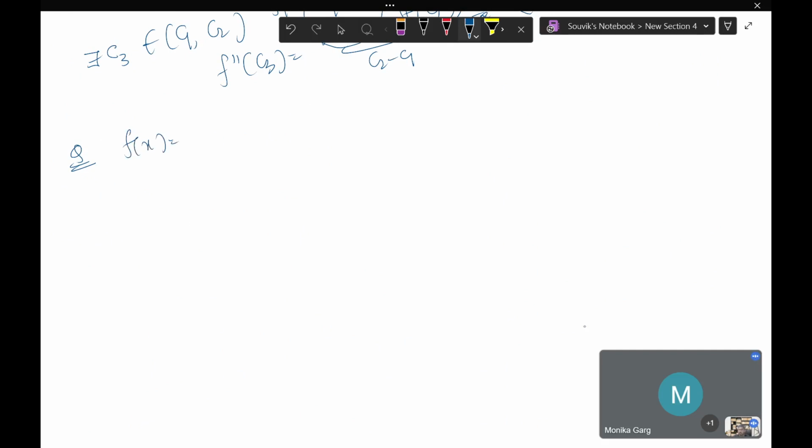Choose the function f(x) to be x^5 minus 5x^4 plus 5x^3 plus 10.